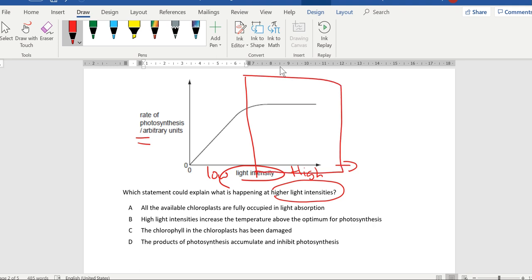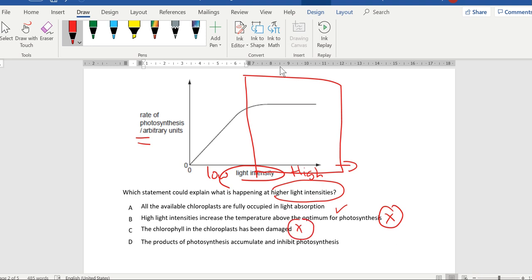All the available chloroplasts are fully occupied in light absorption. Maybe. High light intensities increase the temperature above optimum for photosynthesis. We don't know that. The chlorophyll in the chloroplast has been damaged. It won't be damaged because this is light intensity. The chlorophyll actually likes that, or rather, they could absorb a lot of light. The products of photosynthesis accumulate and inhibit photosynthesis.